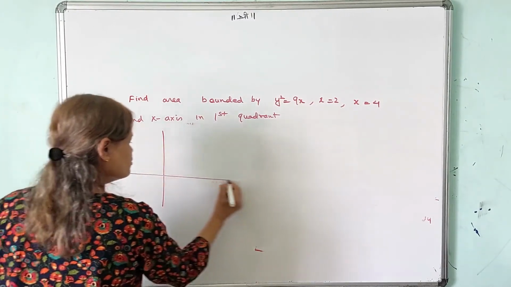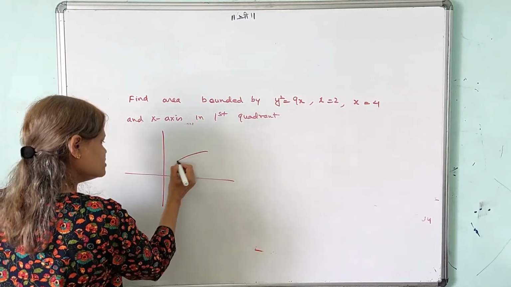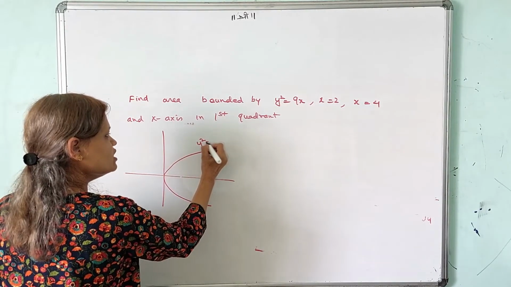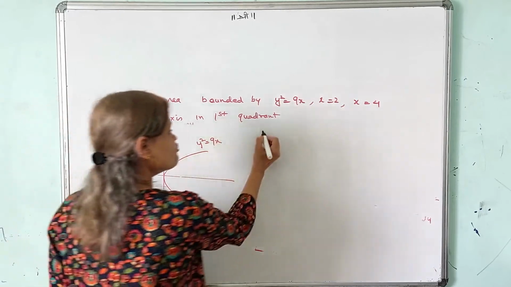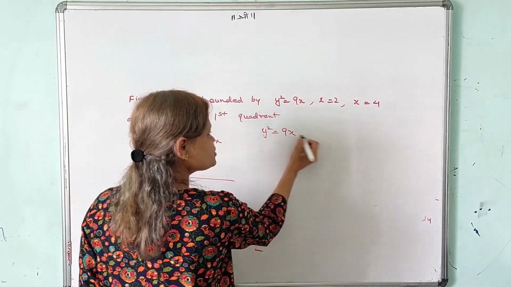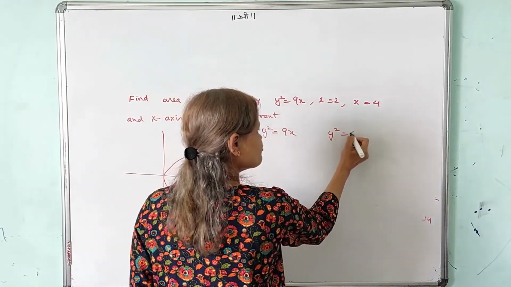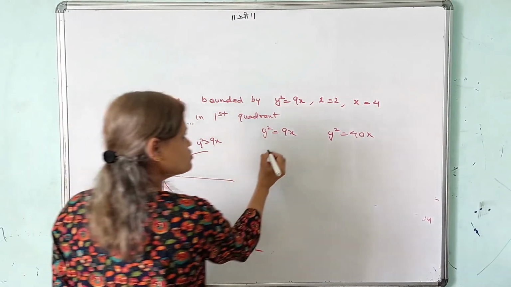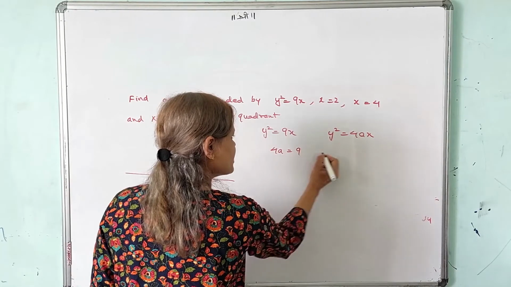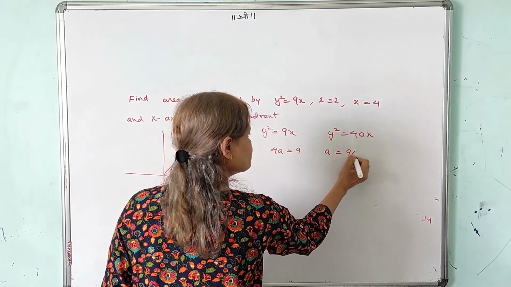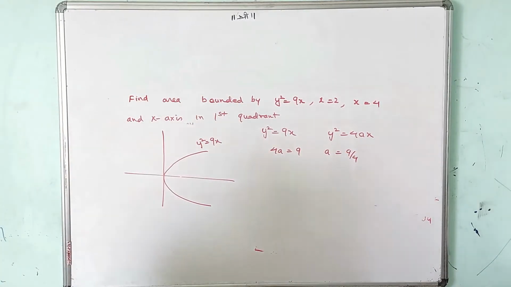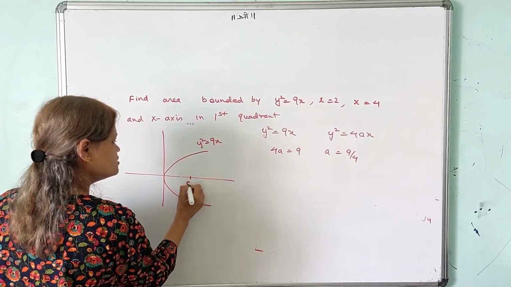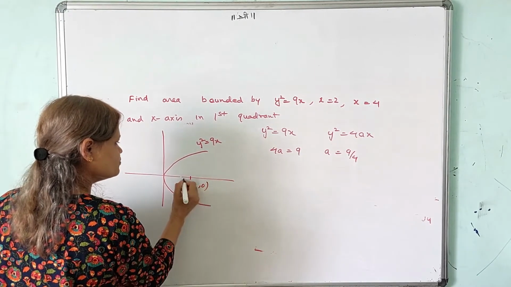So first we'll draw the parabola y square equal to 9x. If you compare this to the standard equation y square equal to 4ax, 4a will be equal to 9, so a equal to 9 by 4. So the focus is 9 by 4 comma 0.